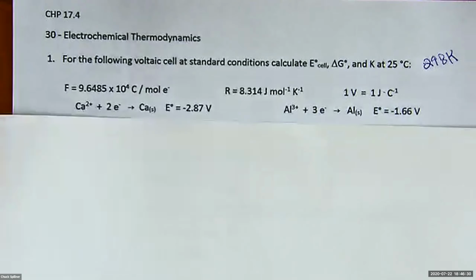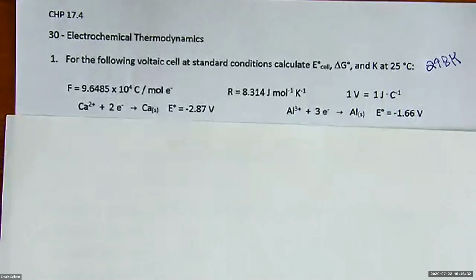Our reaction that we're going to be doing, here's the half cell. It's a reaction between calcium and aluminum. The standard reduction potential for the calcium reaction shown here is minus 2.87, and the standard reduction potential for aluminum is minus 1.66. Notice they're both negative.